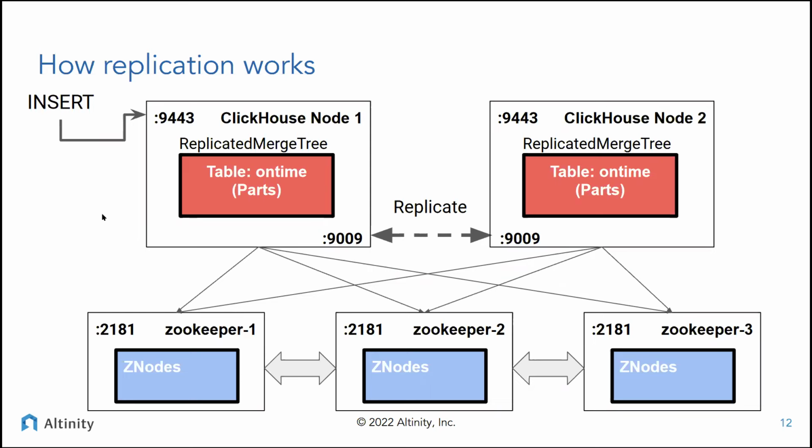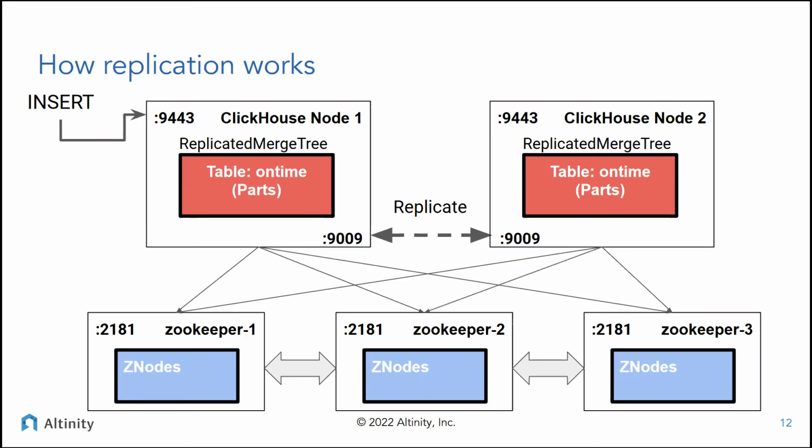So how does that happen? Well, each of the replicated merge tree tables knows how to connect to Zookeeper or ClickHouse Keeper, which is a ClickHouse-native replacement for Zookeeper. Within Zookeeper, there is a list of the tables as well as the contents of those tables, specifically the parts.